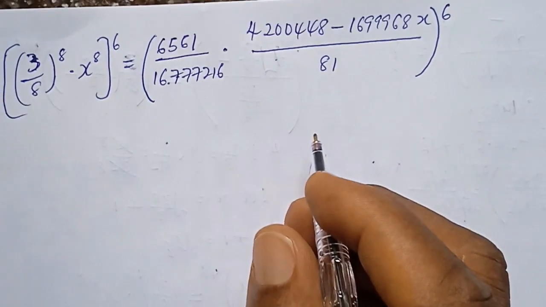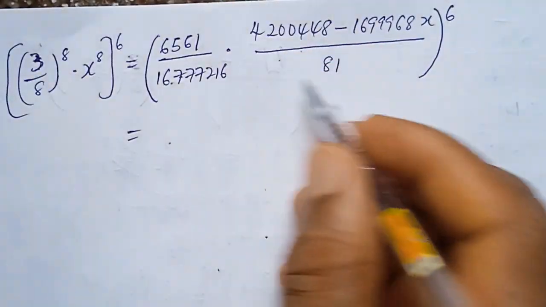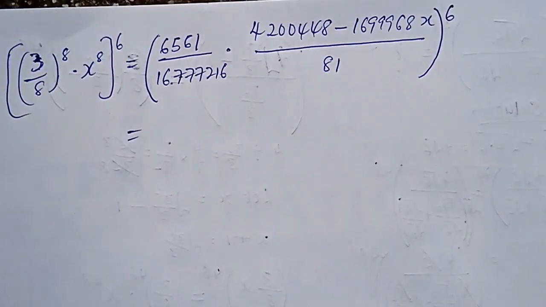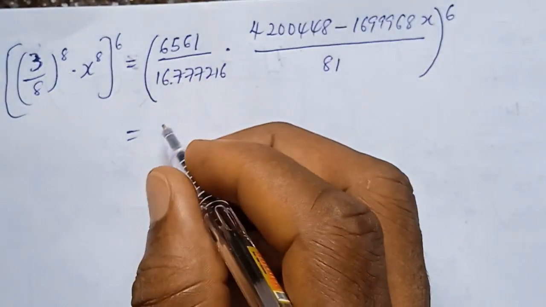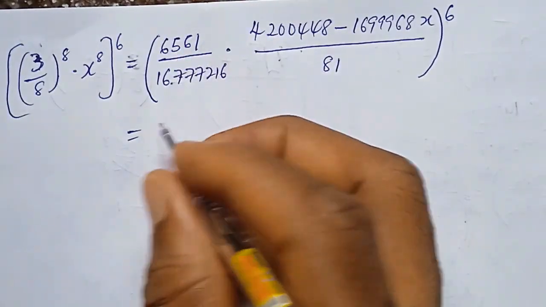Okay, this is what our expression becomes. So from here we can simplify all that we have in this bracket. Let's put it this way.